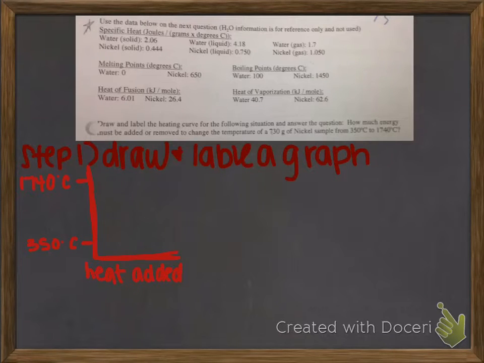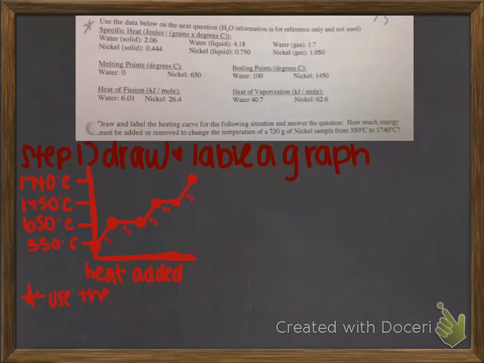So if we look at the information given, we know that there's a melting point and a boiling point between those two temperatures. So we're going to want to put on the graph that the melting point is 650 degrees Celsius and the boiling point is 1,450 degrees Celsius. And then once again, you can just go ahead and draw all those phase changes and label each Q on the graph.